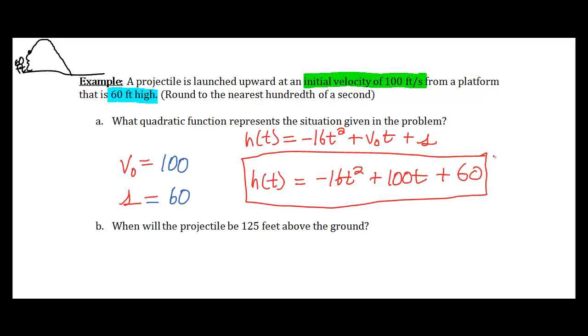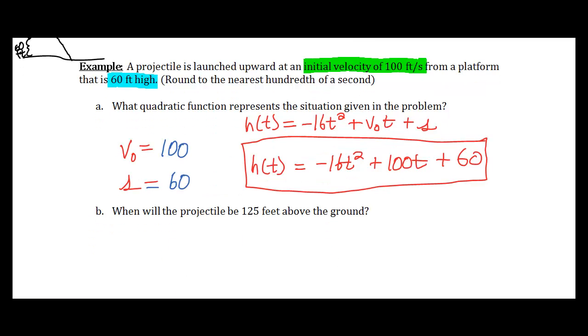In part B, we want to know when will the projectile be 125 feet above ground. When they ask us when, they mean find or solve for t.